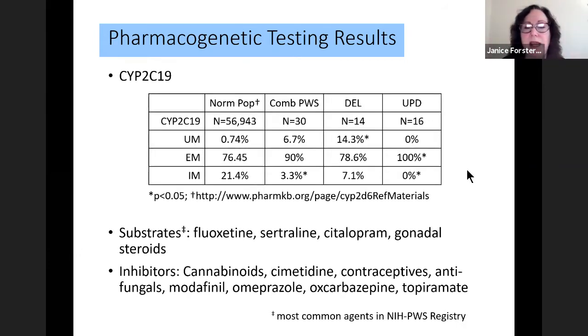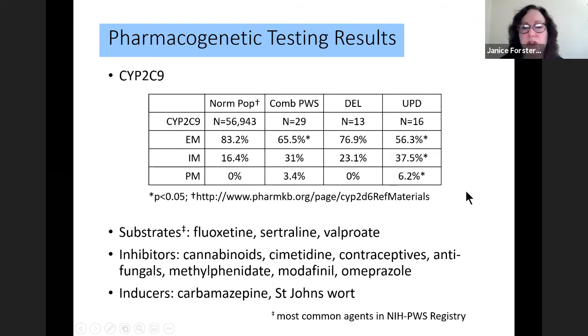In 2C19, we see that there is also a tendency toward increased activity that is true for both deletion and for UPD. What you see here is an increase in ultra-metabolizing status for deletion, and all of our patients, 100%, had extensive metabolizer status, and no one had an intermediate metabolizer status among the UPDs. And again, please note the substrates and inhibitors.